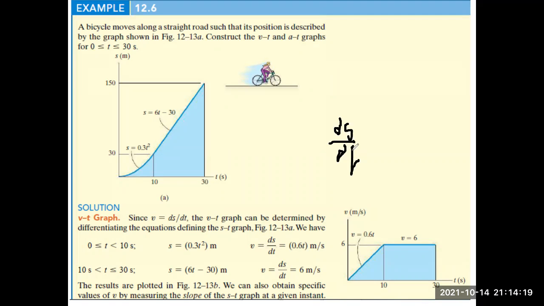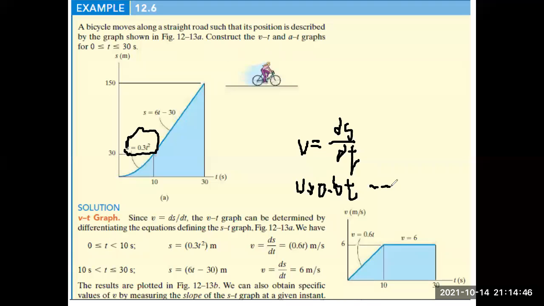So that means we need to differentiate the first equation to get V. V would be equal to 0.6 times T, right?